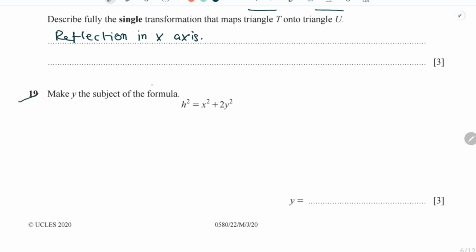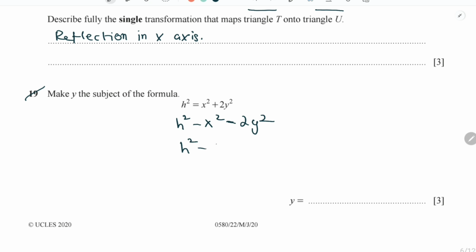After that, we have question number 19. Make y the subject of the formula. So h squared equals x squared plus 2y squared. First we separate y. So h squared minus x squared equals 2y squared, right?